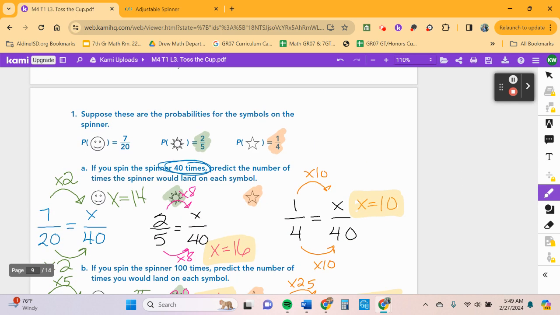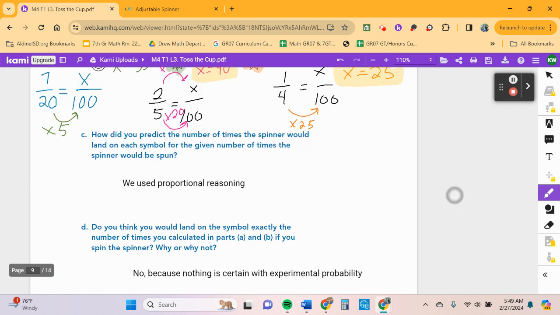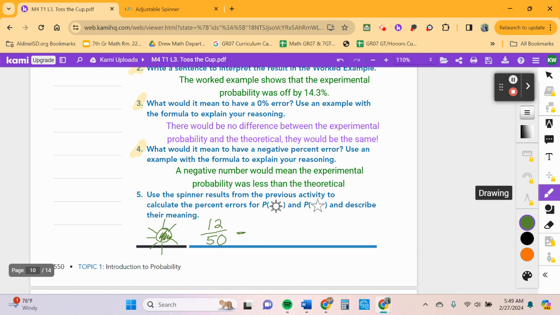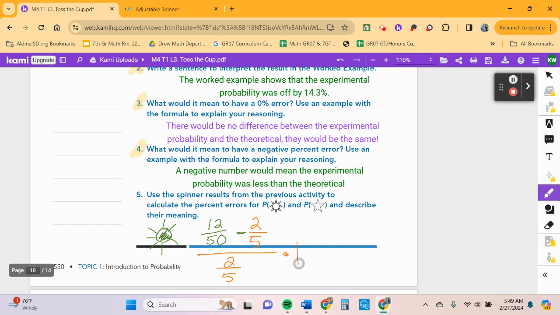For the sun, that was 2/5. So I'm going to use orange to show that. 2/5, and then divided by our theoretical, which was 2/5, times 100 to turn it into a percentage.